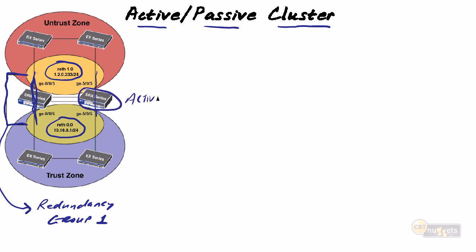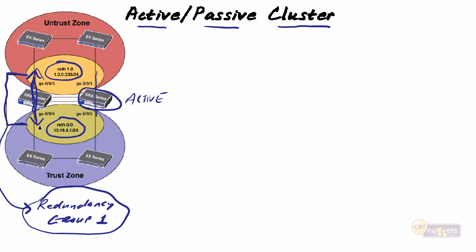Now remember, the role of primary and secondary doesn't change. Now, how does it accomplish this? Well, it has one data plane redundancy group, which we know is group 1, and one or more redundant Ethernet interfaces, or RETHs. So let's say RETH 1.0 goes to the internet, and RETH 0.0 goes to the internal network.